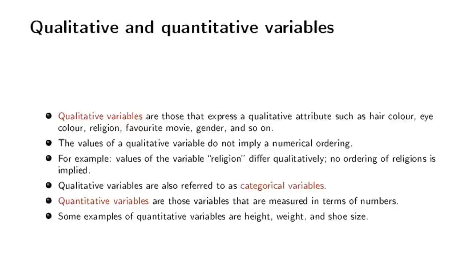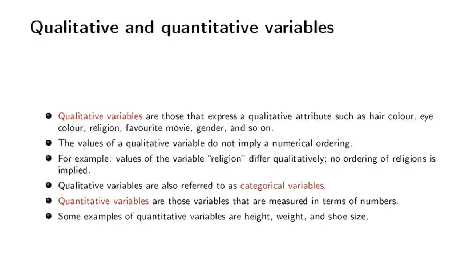Now, when we say qualitative and quantitative variables, qualitative variables are those that express a qualitative attribute, such as hair color, eye color, religion, favorite movie, gender, and so on. The values of a qualitative variable do not imply a numerical ordering.